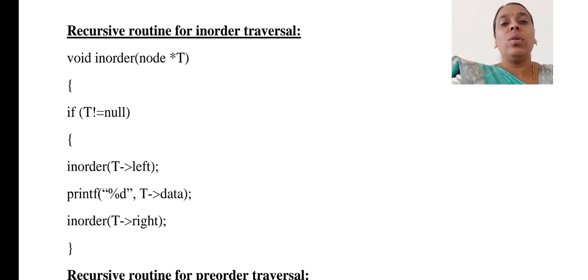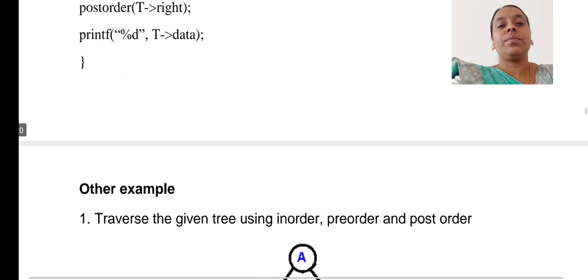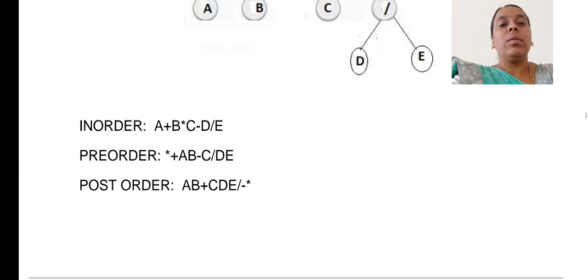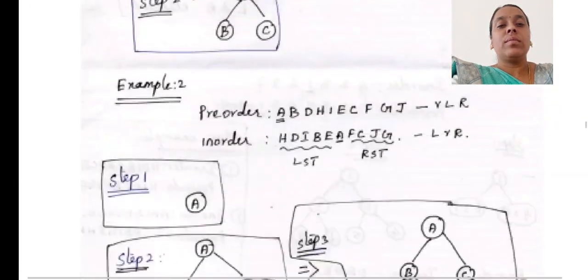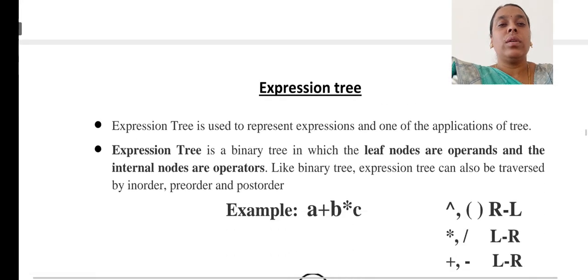So it moves to inorder of left, then data, that is the root, and then right. Similarly for pre-order and post-order. These are some examples of in-order, pre-order and post-order.